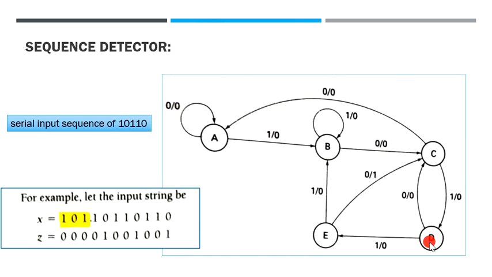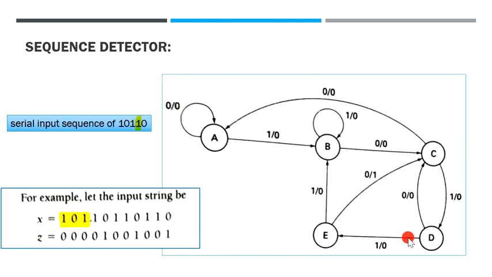Now from state D, when you are checking the 4th bit, if input x is equal to 0, then you are going to move back to state C, indicating that 2 correct inputs have been received. That means 1 and 0 have been correctly received.